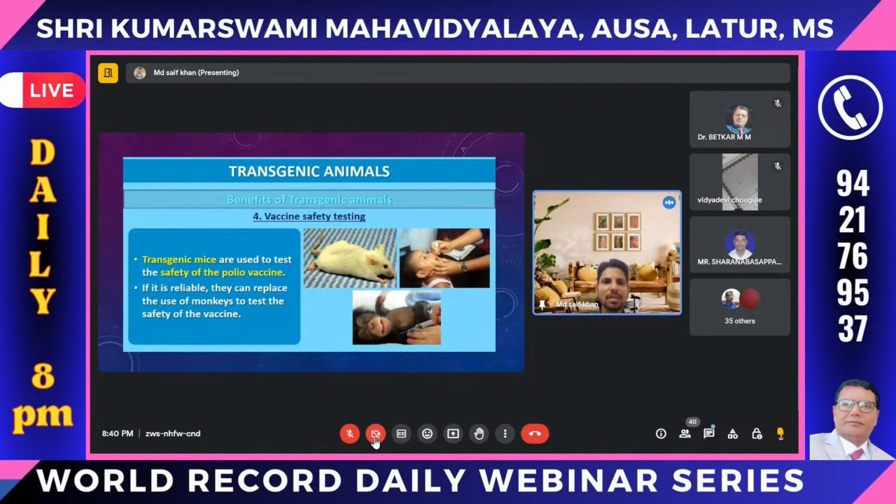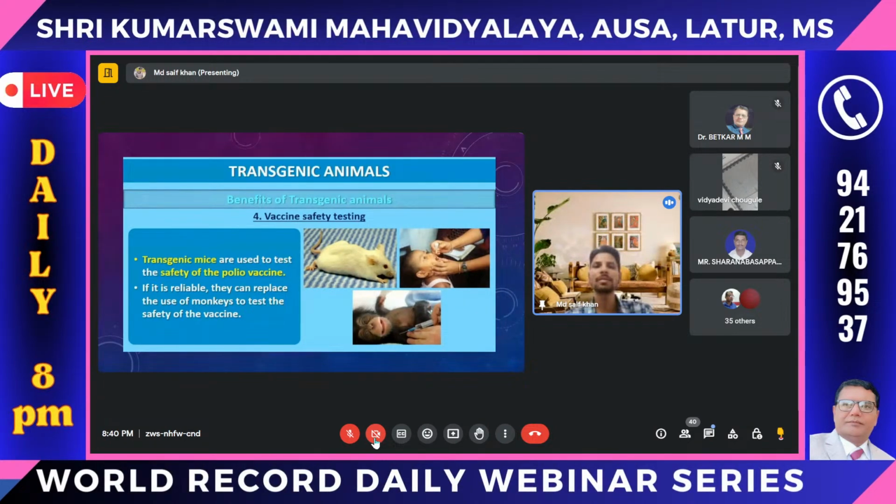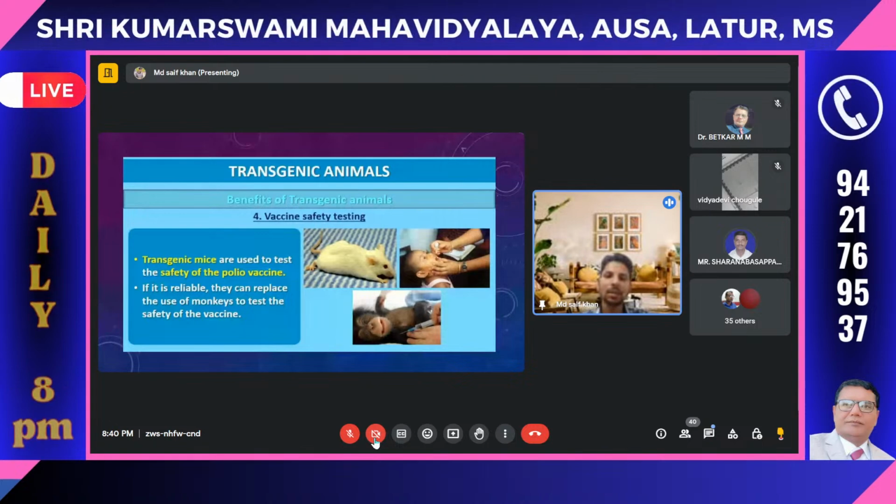Transgenic mice are used to test the safety of the polio vaccine, right? If it is reliable, it can replace the use of monkeys to test the safety of the vaccine. First they do the test on transgenic mice, then they test on monkeys.